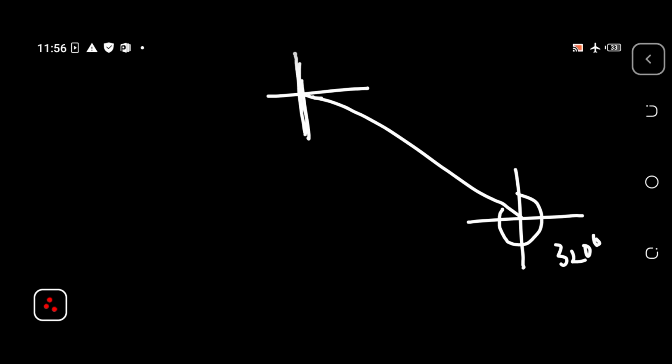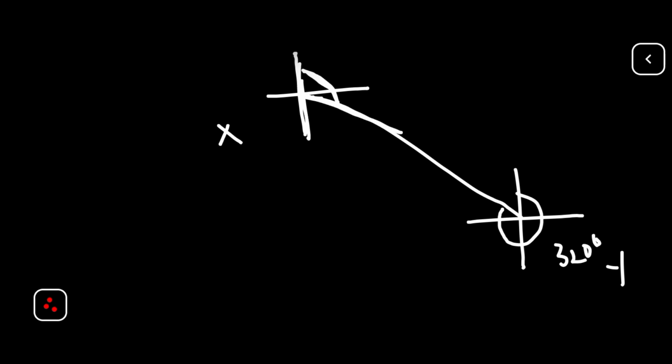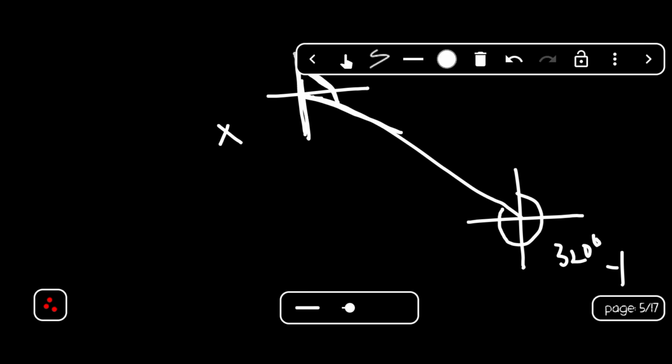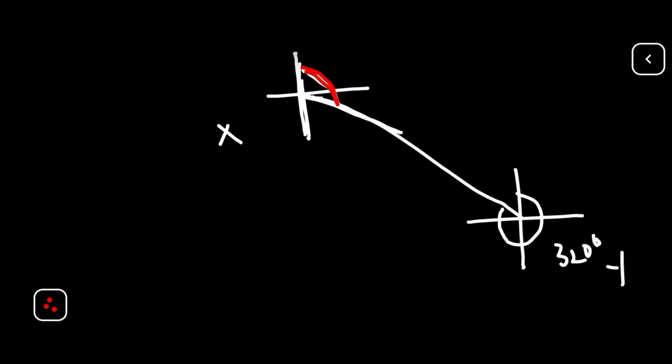Okay. But now we need to know the bearing of y from x. And this is the angle here that forms this bearing here of y. So to be able to get this bearing, we will say that this angle here is alternate to this angle here.